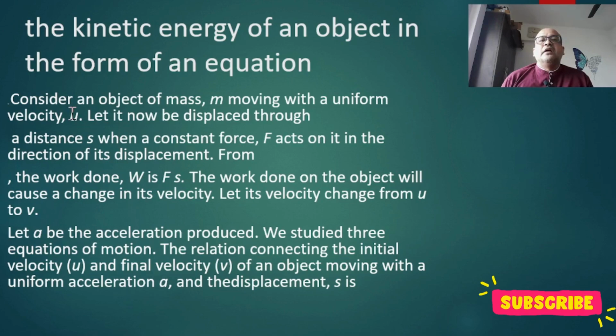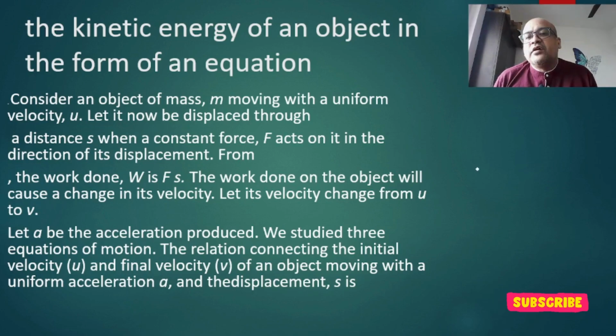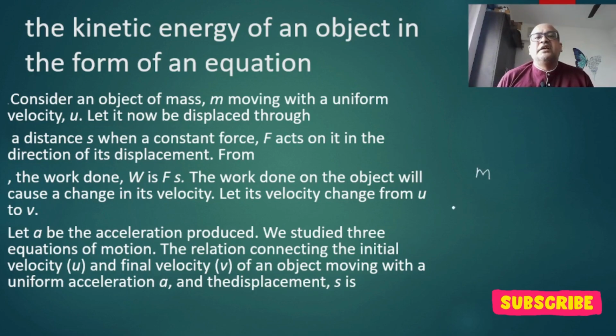let's consider an object of mass m moving with a uniform velocity. Okay, we have an object of mass m. Then I have a uniform initial velocity u.